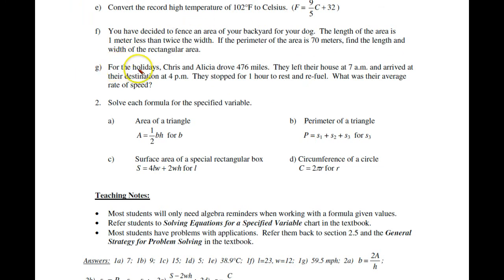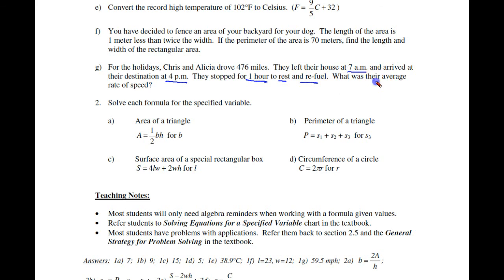So, for the holidays, Chris and Alethea drove this many miles. Okay. They left their house at 7 a.m. and arrived at their destination at 3 p.m. They stopped for 1 hour to rest and refuel.